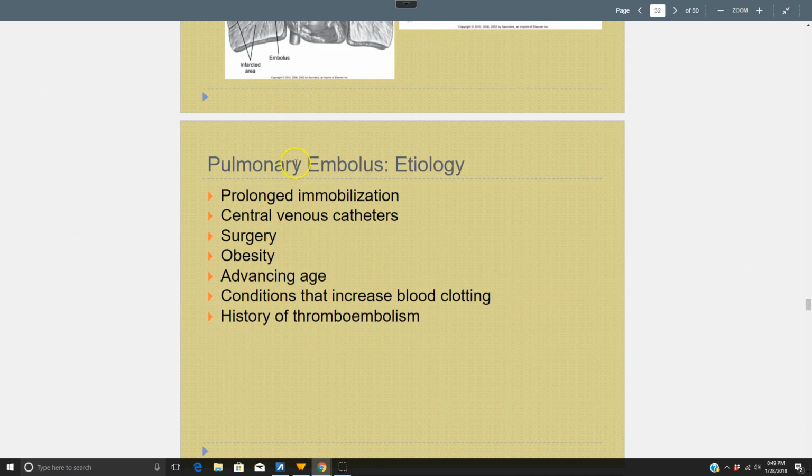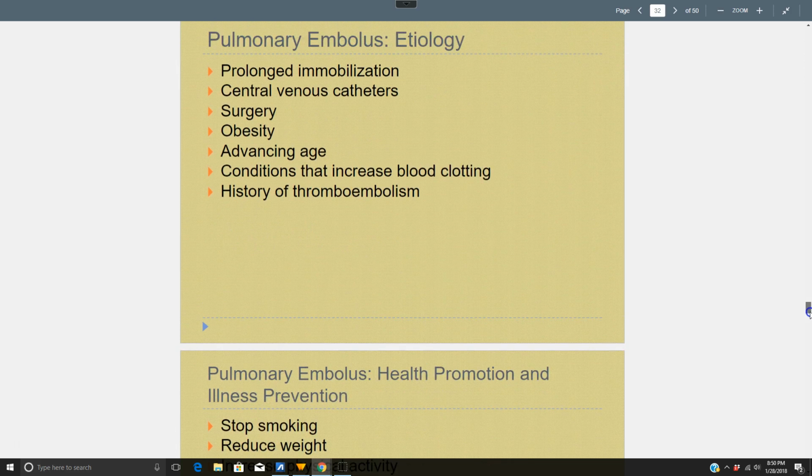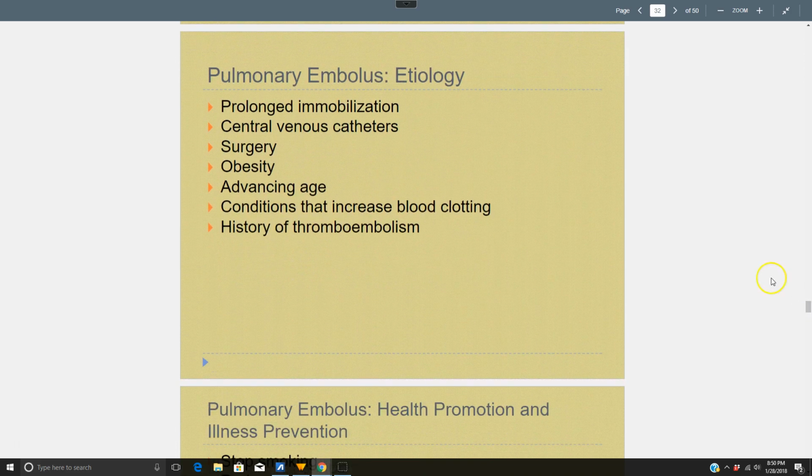I think this is really important because we have all kinds of people that come into the hospital, and the reason for prophylactic heparin sub-Q is to prevent any type of embolus from occurring. You can see who would be more at risk: anybody that has prolonged immobilization, people that are laying in bed too long. That's why we give the heparin.